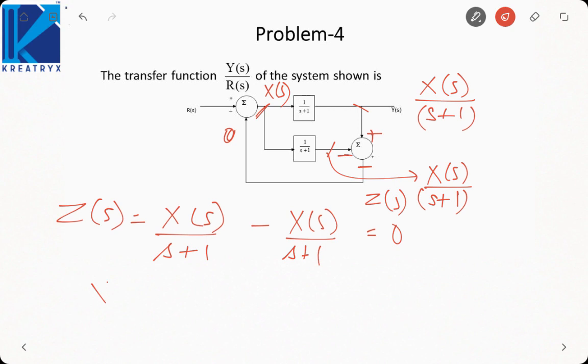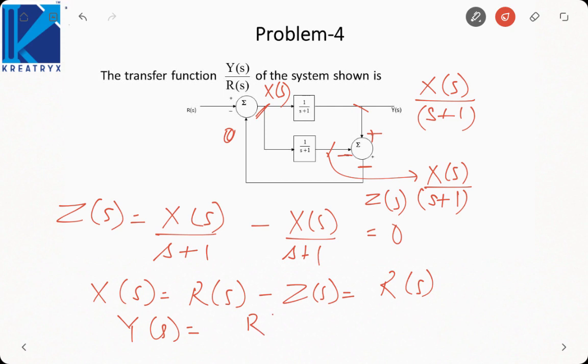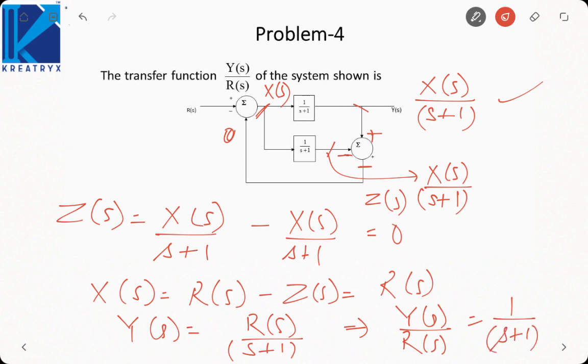So now here I know X(s) is equal to R(s) minus Z(s), which is equal to R(s). So Y(s) is equal to R(s) by s plus 1 from this equation, and I can say that Y(s) by R(s) is equal to 1 by s plus 1. Okay.